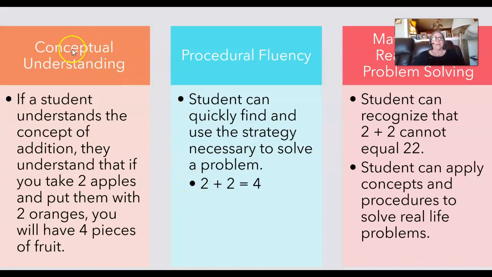So when we look at that, the concept that you want the students to understand, what is that concept? In the concept of addition, we introduce it by showing that you have two apples and two oranges, or maybe two apples and two apples. And when you put those together, you have one, two, three, four. That's the concept of addition.